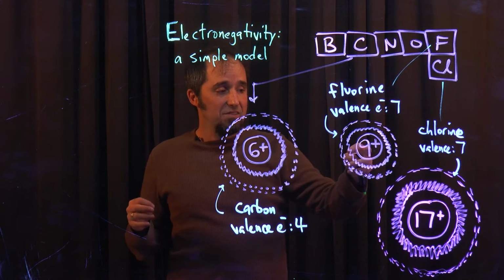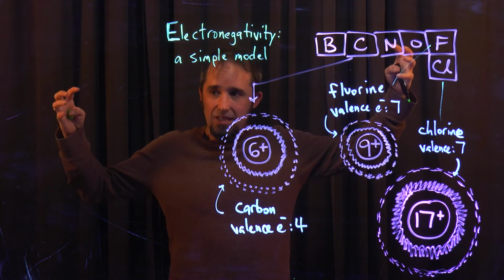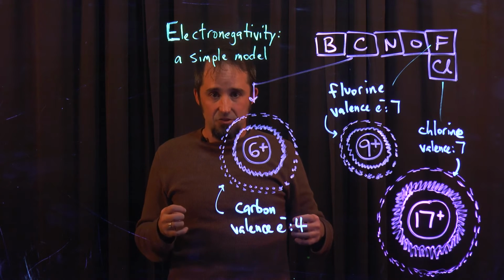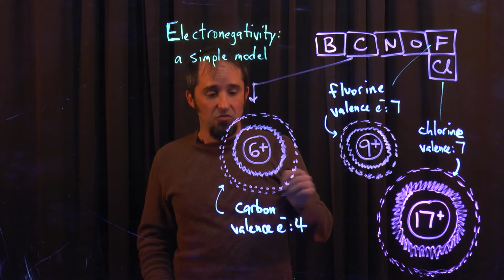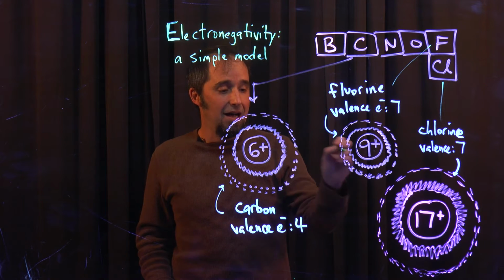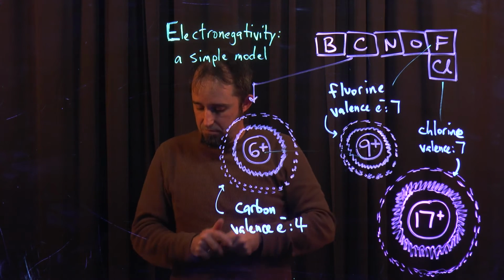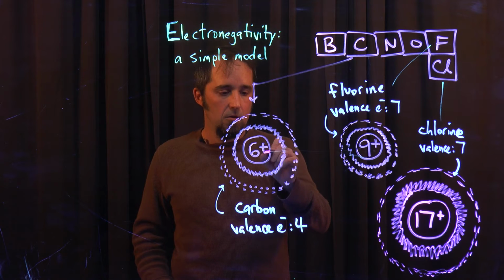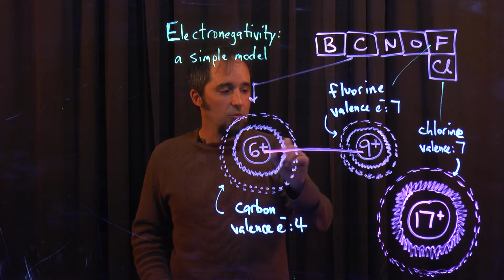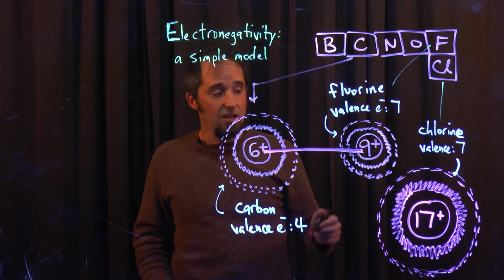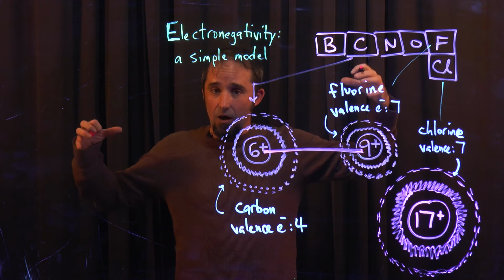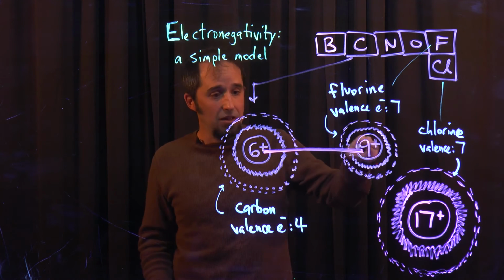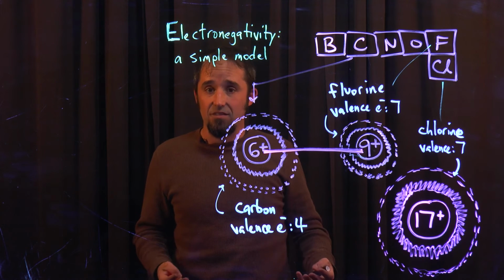Fluorine, the nucleus in fluorine has a really, really hard pull on electrons, both its own electrons and whatever it's bound to. So if there is a carbon-fluorine bond here, this fluorine nucleus is going to exert a pretty hard pull, not only on its own electrons, but on carbon's electrons as well.